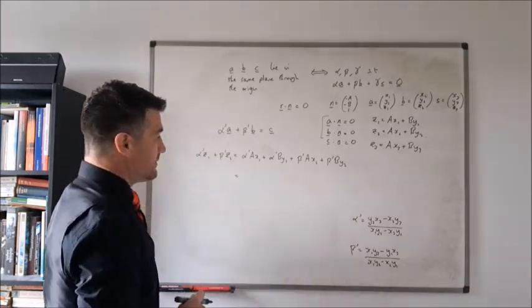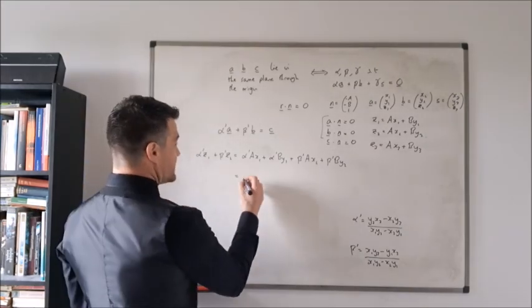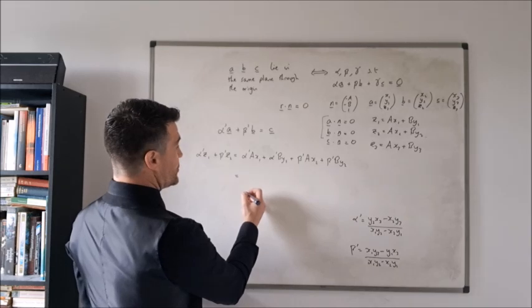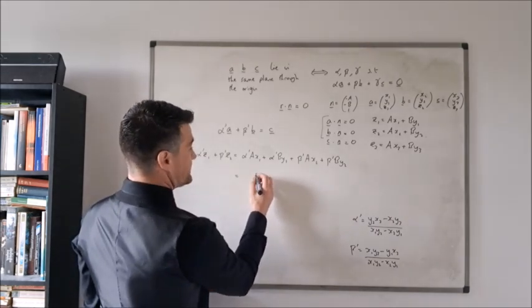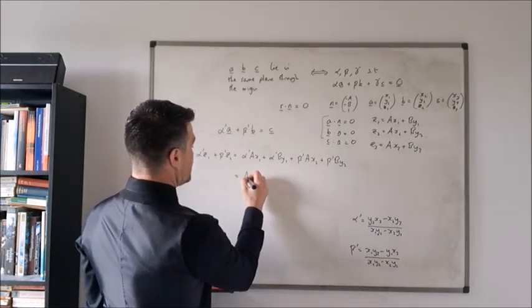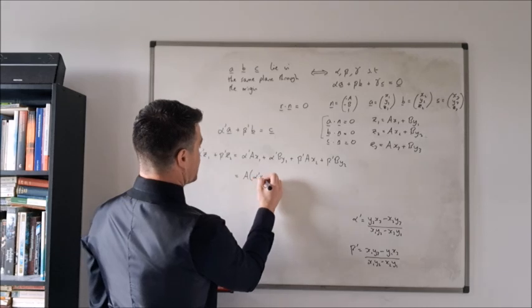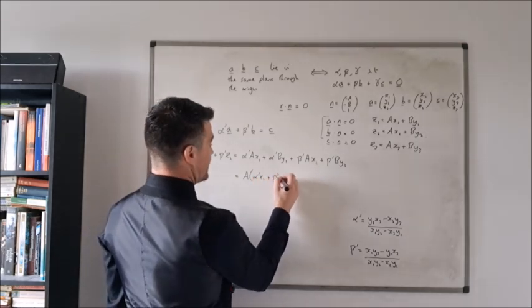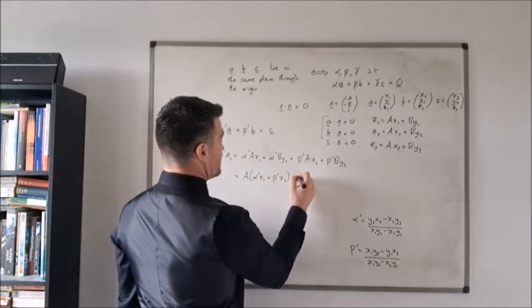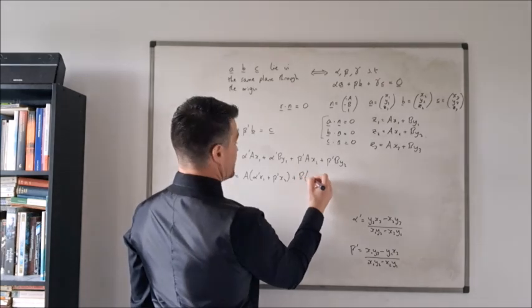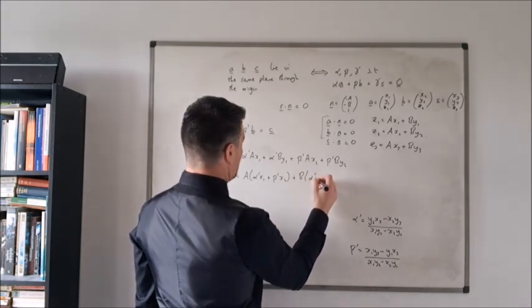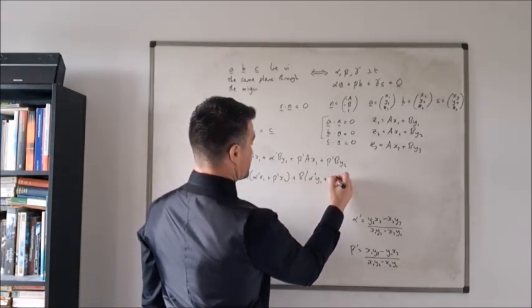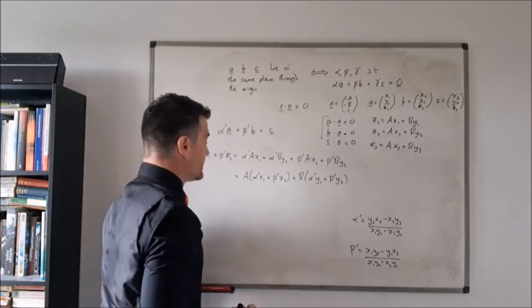And careful observation reveals that this is equal to, I've got to get this right, A times alpha primed x1 plus beta primed x2 plus B times alpha primed y1 plus beta primed y2.